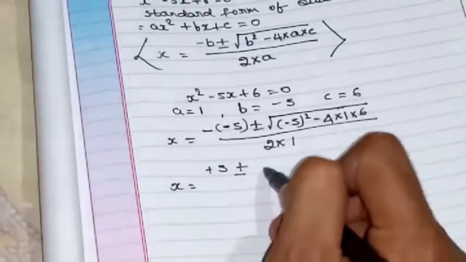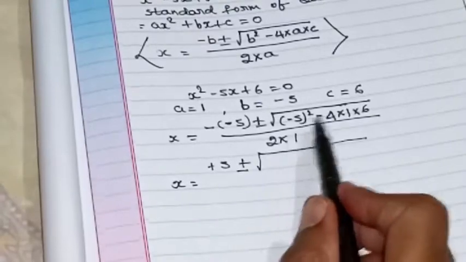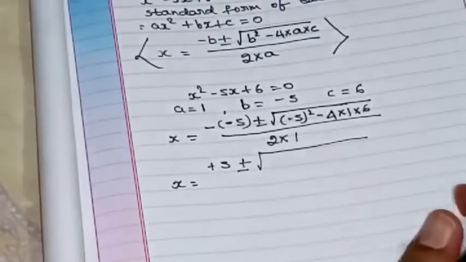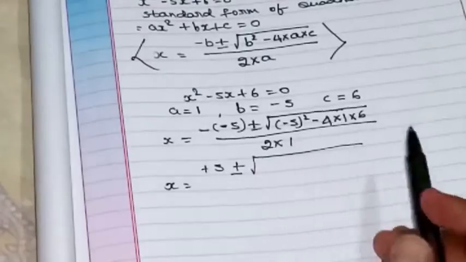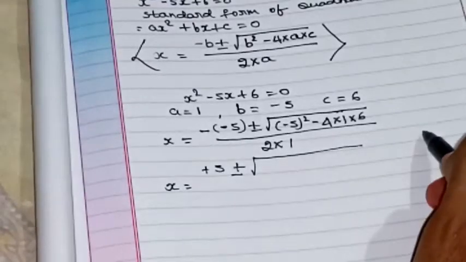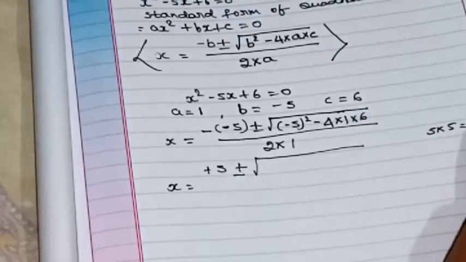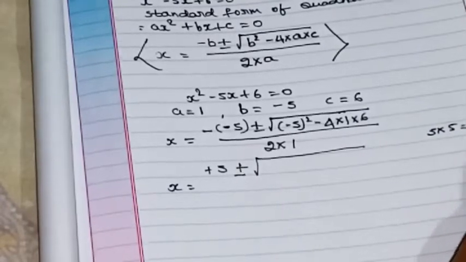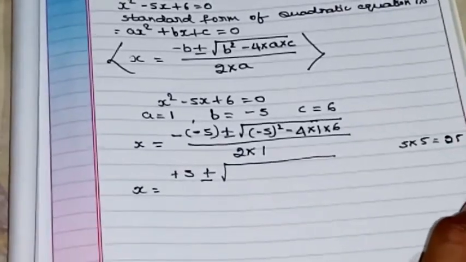So plus or minus square root of, now what is minus 5 square? Children, any minus square will become plus. Now how? Here 5 into 5 is how much? 5 square is 25. It's a plus value, right? 5 into 5 is 25, children, right?